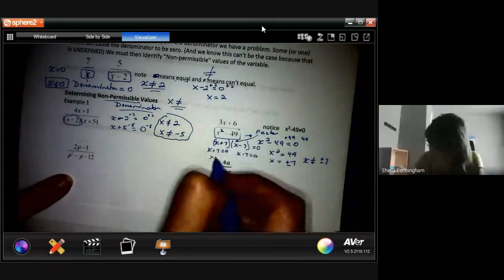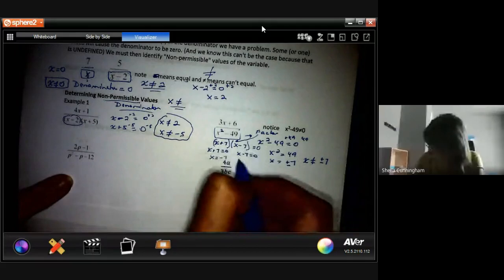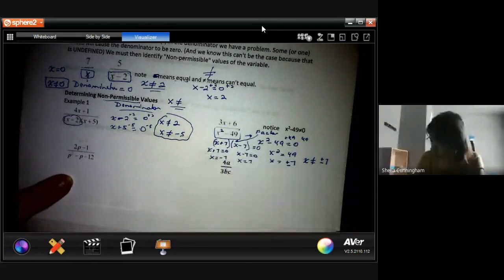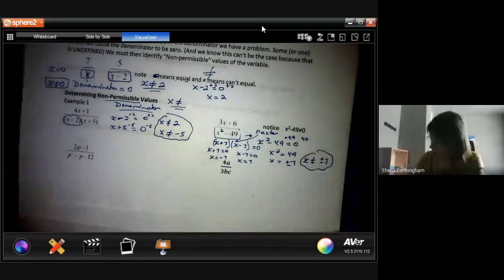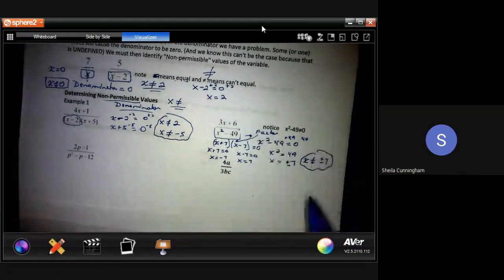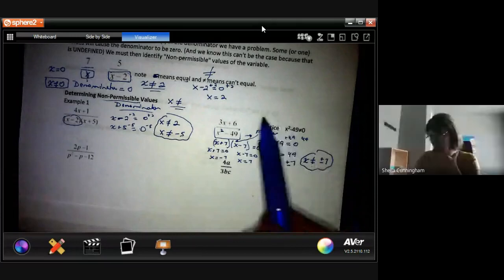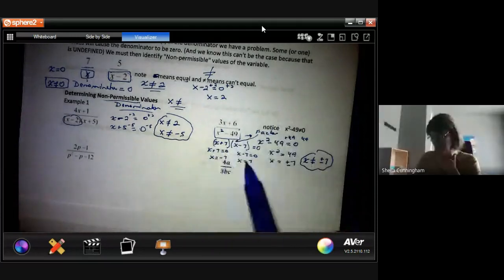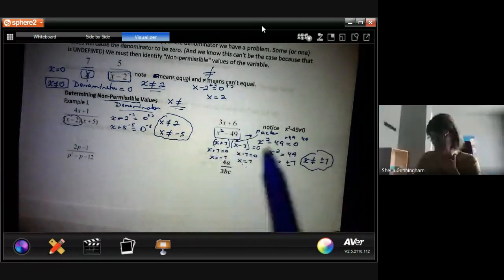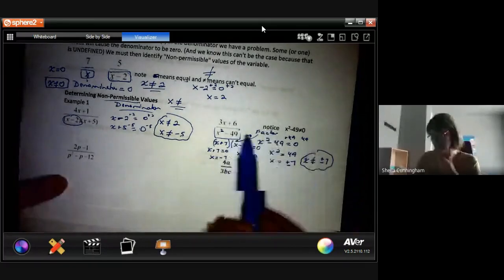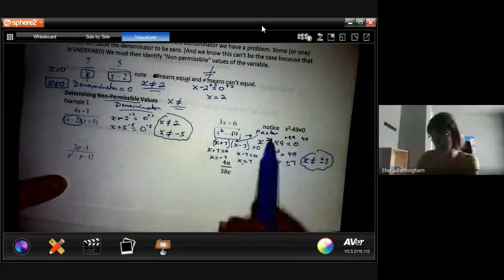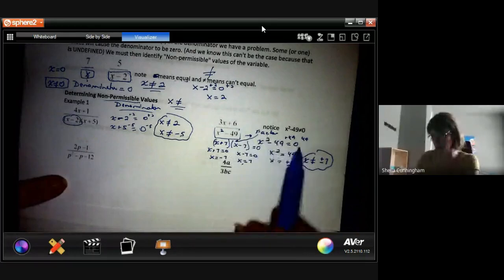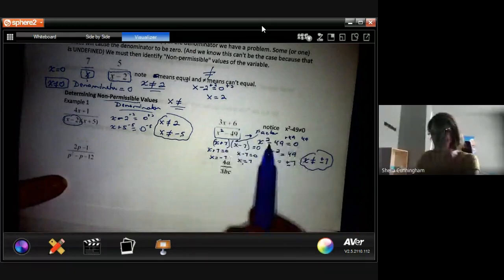Same thing, I come up with x is equal to negative 7, x is equal to positive 7. So my non-permissibles still hold true. They're the same thing. It's just 2 different processes to figure it out. Either factor it out and isolate each of your factors, or in this instance, with a difference of squares, you can set it equal to 0 and solve by adding that value over. It works because you don't have a middle term in here.